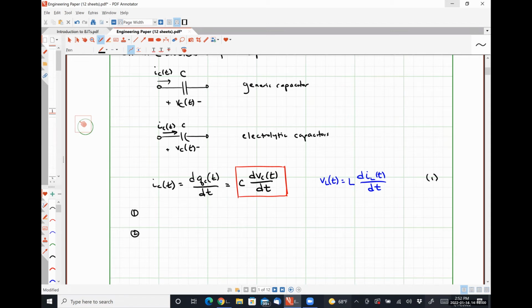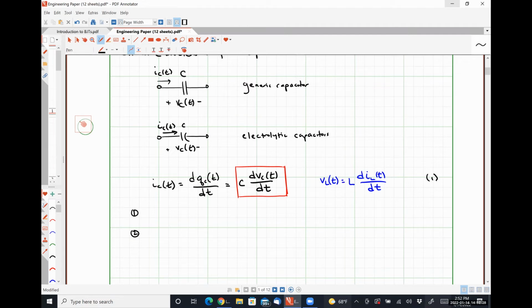Or can find it in their notes or anything? Bradley. In a DC circuit, a short circuit. All right, so the first observation we made was in a DC circuit, an inductor behaves like a short circuit. Based on this relationship, how do you think a capacitor behaves? An open circuit, absolutely right.